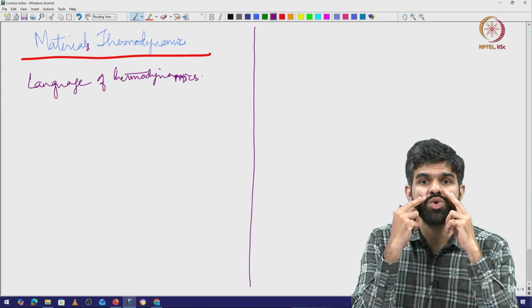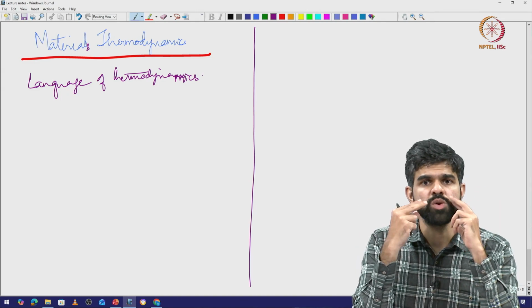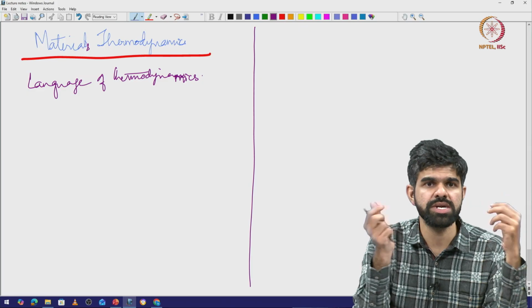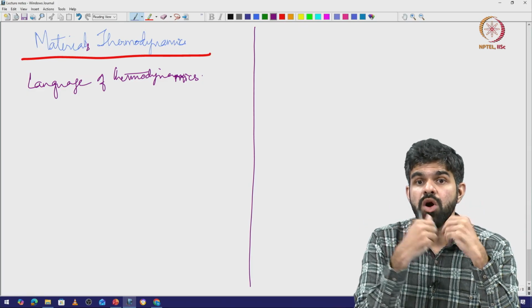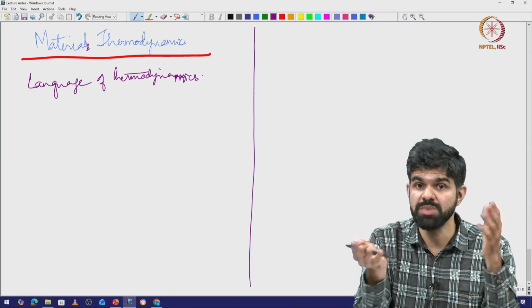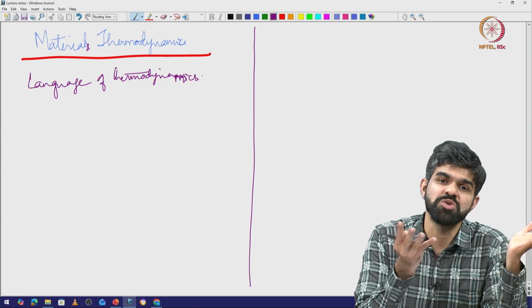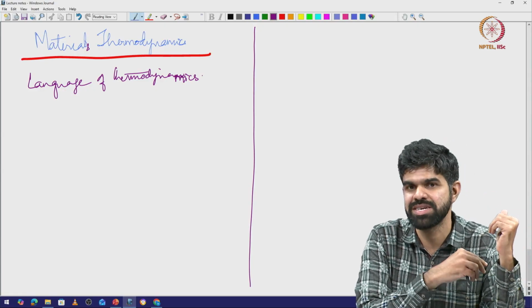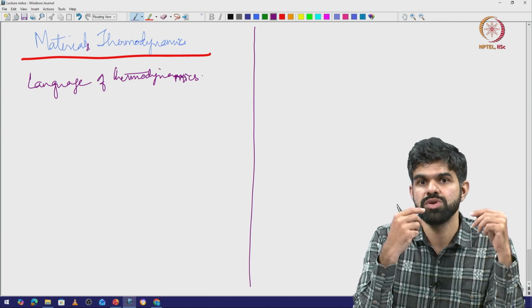I am not going to look at heat engines, I am not going to look at Carnot cycles and so on, although they are also quite important processes, but that belongs to the domain of mechanical engineers. So that is not part of this course.